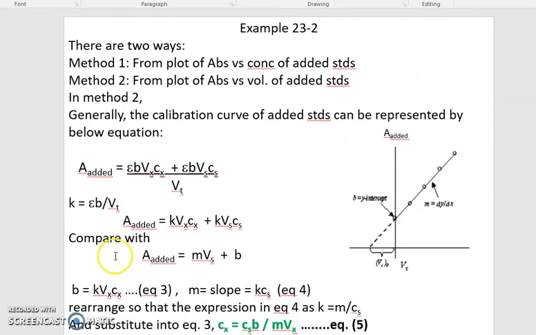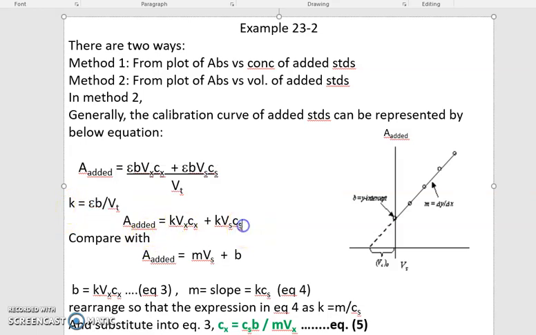The next step is to simplify the equation by assuming that this expression is represented by the k value.